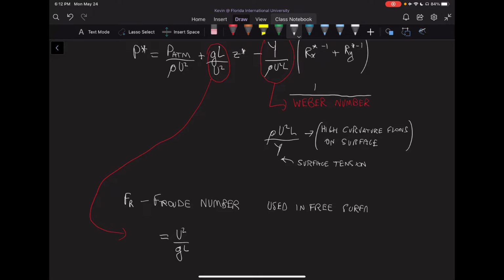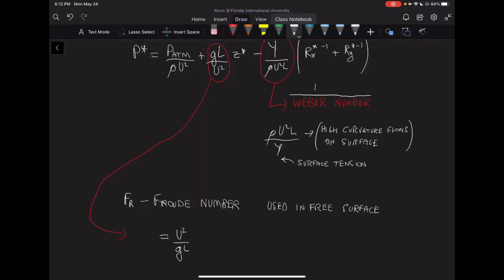For example, if you have a free surface flow in the ocean and you have a velocity of a ship vessel on the flow and you have a certain length, you can use the Froude number to scale your experiment to a different size and do an experiment with a much smaller boat.